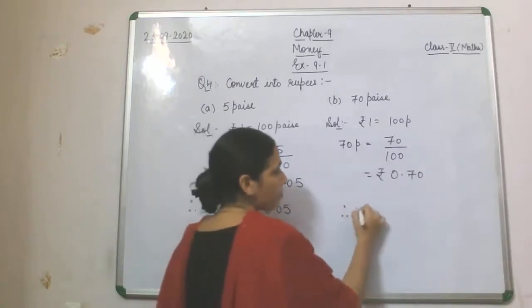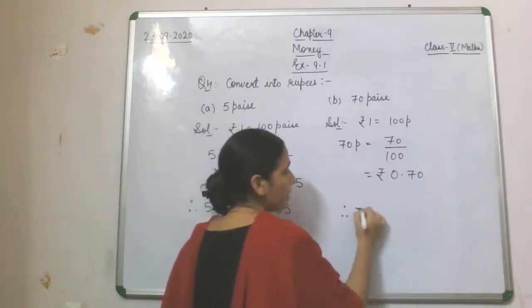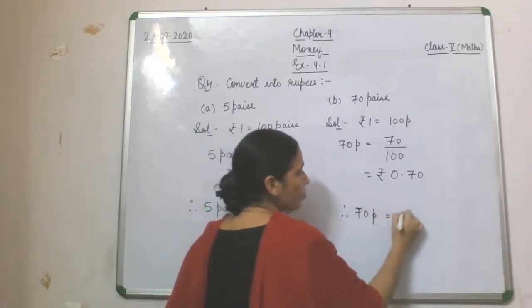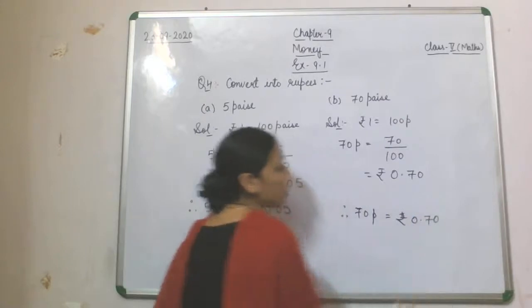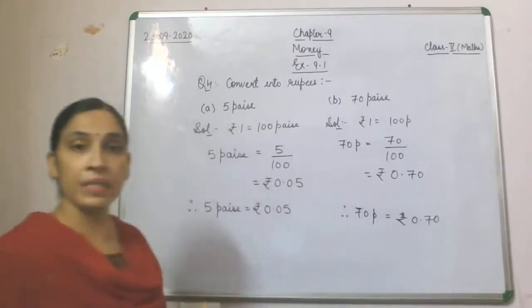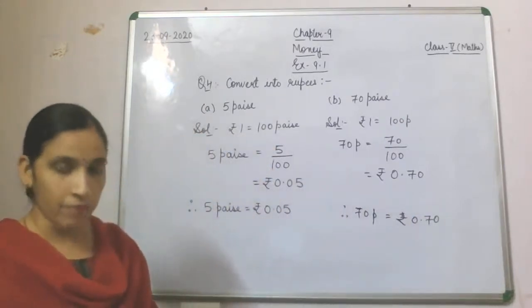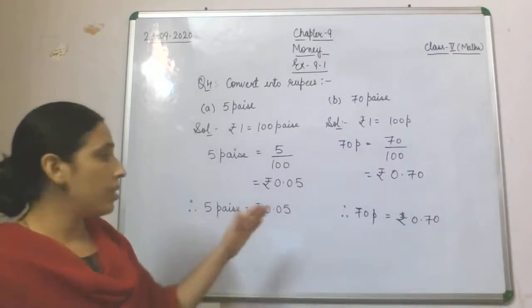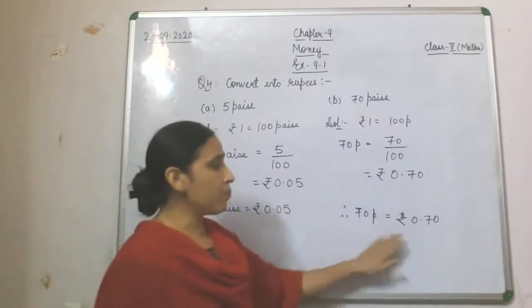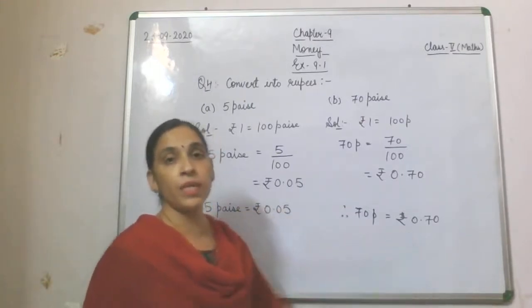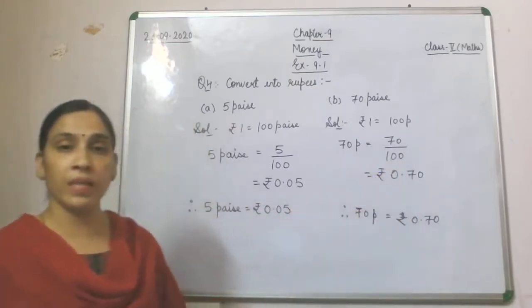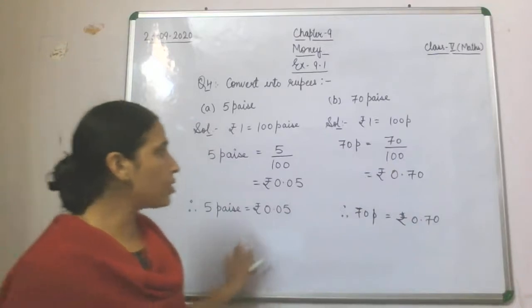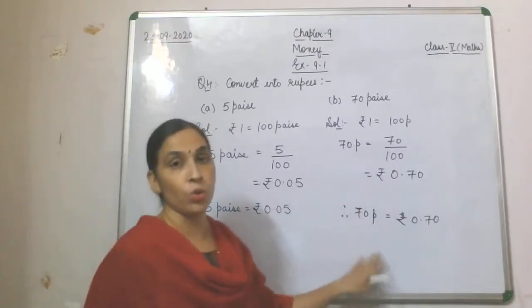Therefore 70 paise is equal to rupee 0.70. The same concept applies. Whenever paise is to be converted into rupee, you will do division by 100. That is what we have done in this question and in the B part also.